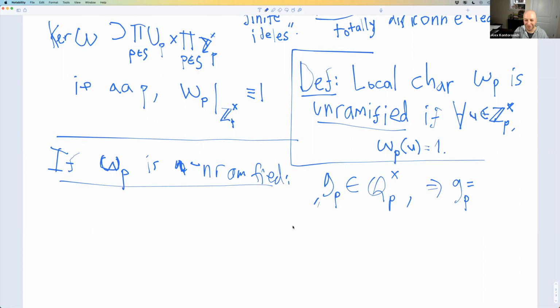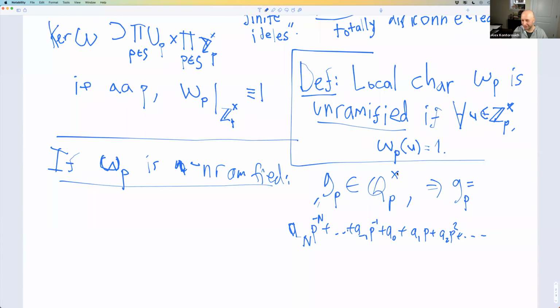That means g_p looks like a_{-n} p^{-n} plus ... plus a_{-1} p^{-1} plus a_0 plus a_1 p plus a_2 p squared, and so on, an infinite sequence, and not identically zero.